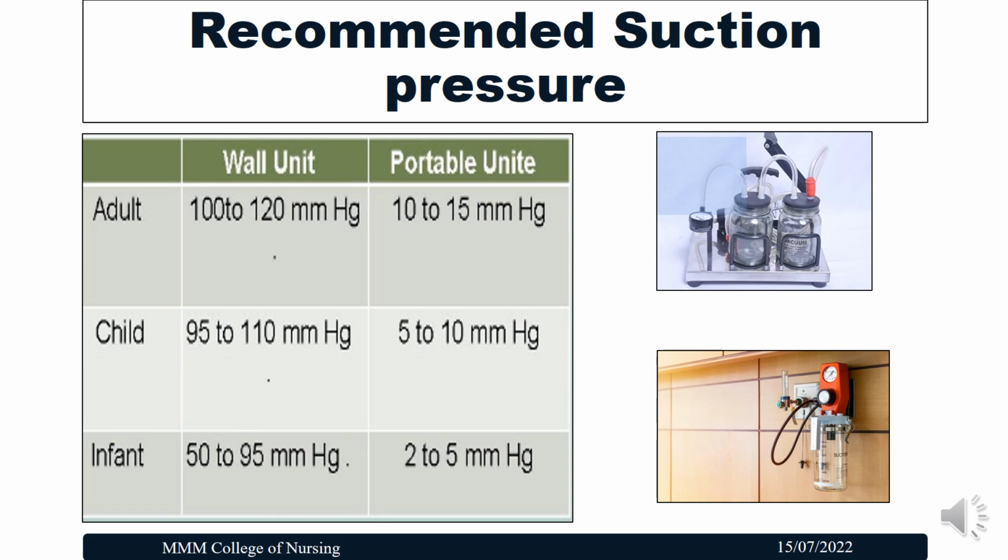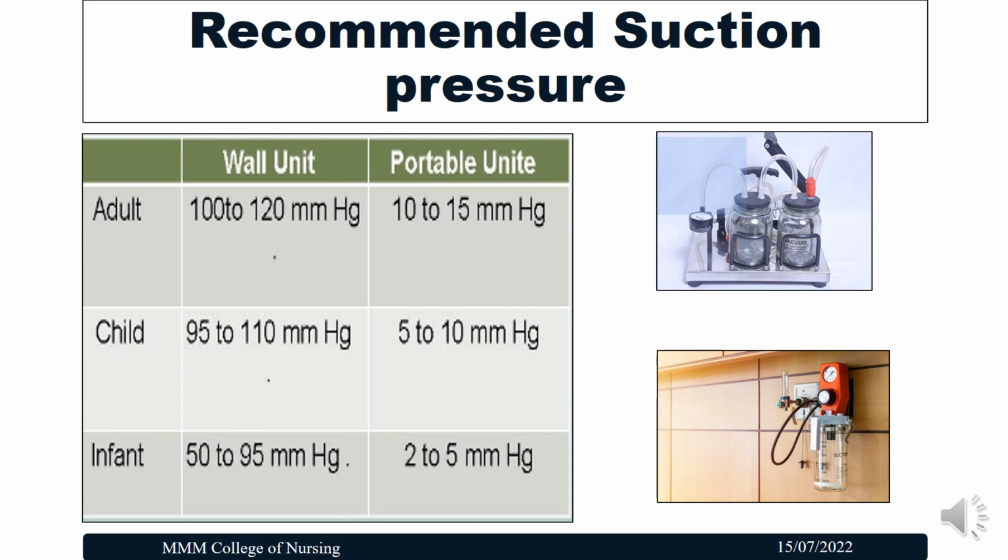What is the recommended suction pressure? How much pressure do we need to apply when we are doing suctioning? Always we should be very careful while applying pressure over the tracheal tissues, upper respiratory or lower respiratory. The usual recommended suction pressure for an adult, if it is wall mounted, is 100 to 120 mm of Hg, or if it is a portable unit, we can use 10 to 15 mm of Hg.